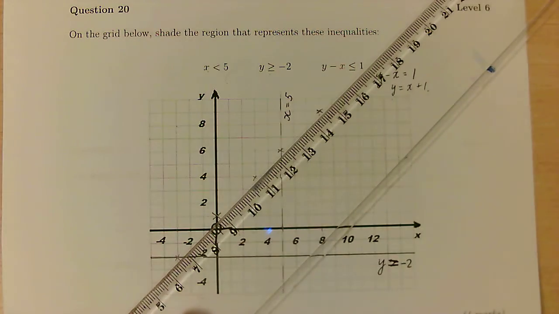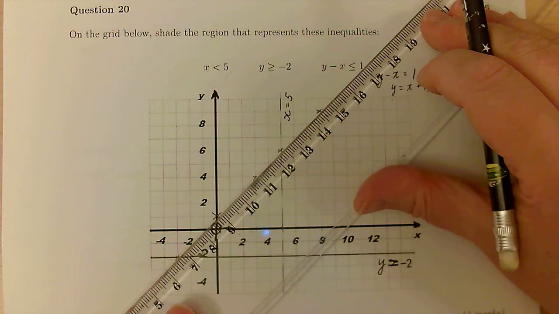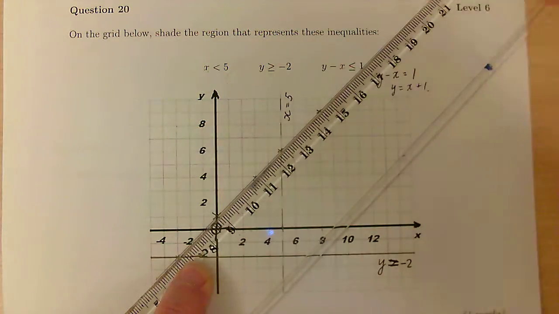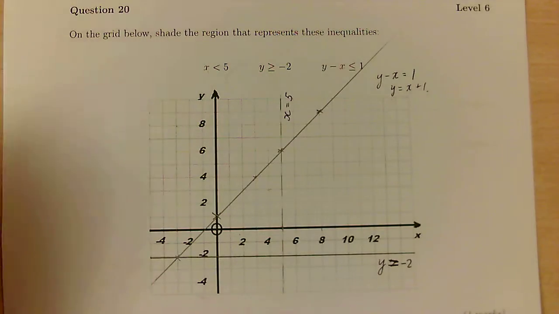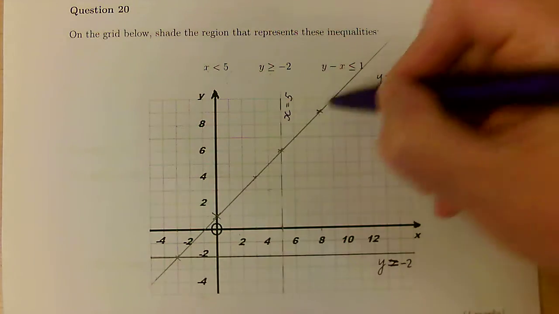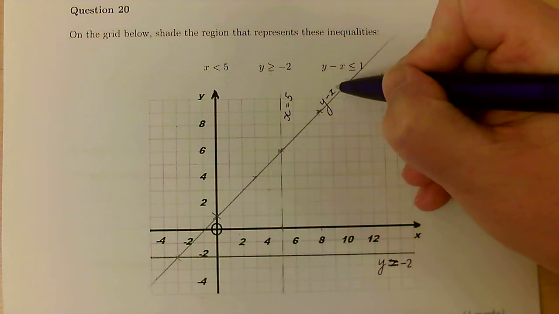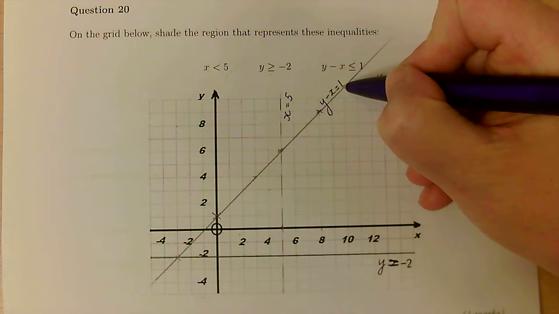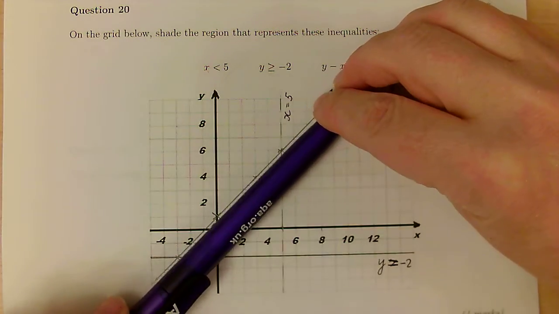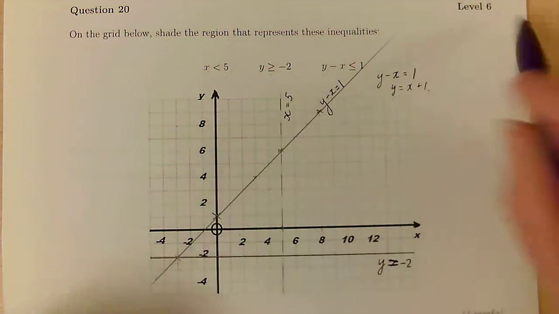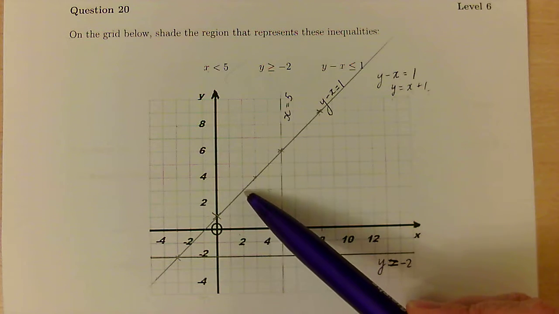Okay, so now we need to draw the line. That is the line, and this line has equation y minus x equals 1. We're interested in all points that are below the line, not on the line but below.